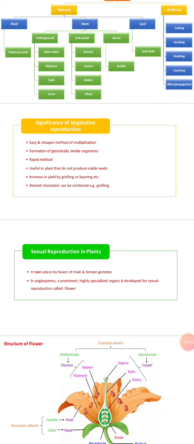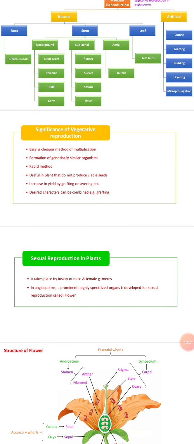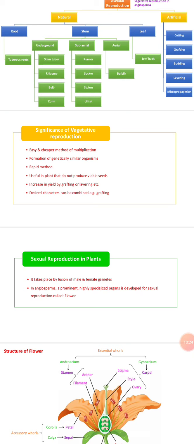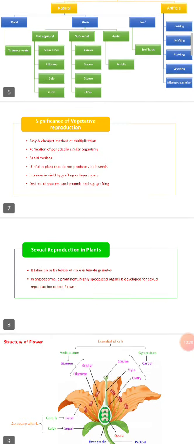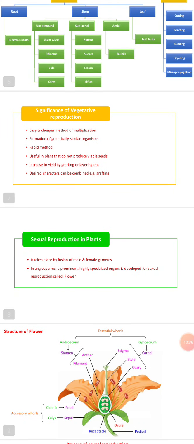Especially in the Ganpati festival, this type of plant, we call it Durva plant. You must have used it to worship your dearest god, Lord Ganpati. So that is runner. Then the next is sucker, third is stolon, and fourth is offset.